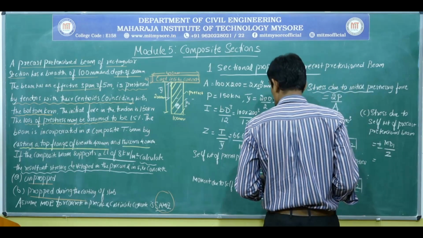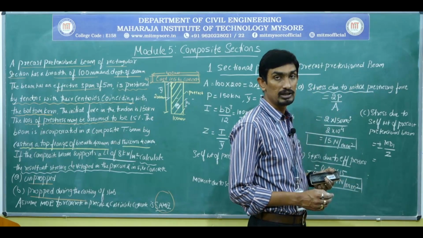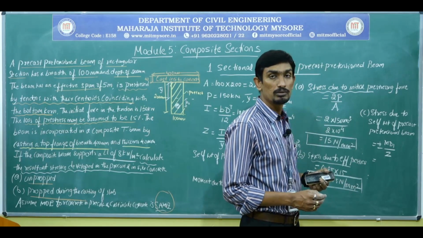So substitute that. Since I got the moment in kilonewton meter, we need to substitute in Newton millimeter because I want the answer in Newton per millimeter square.